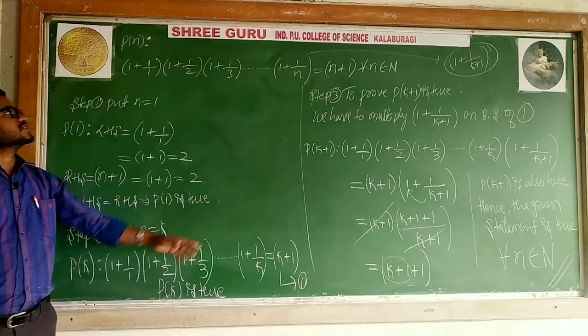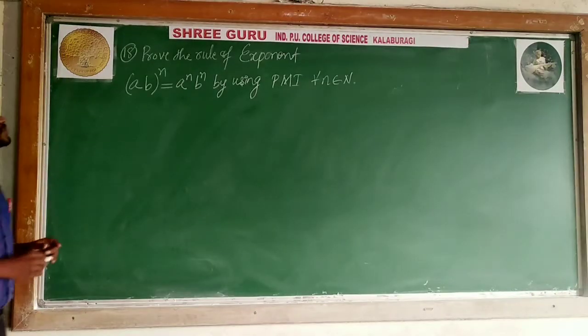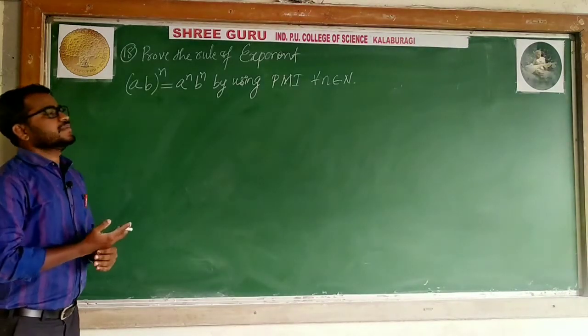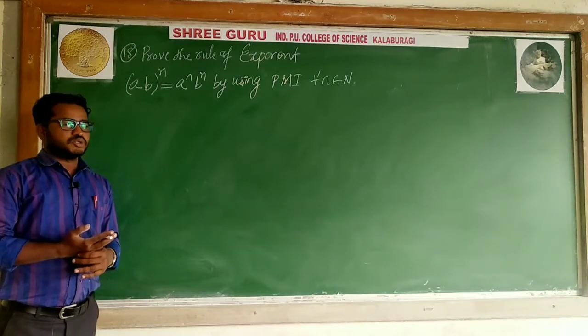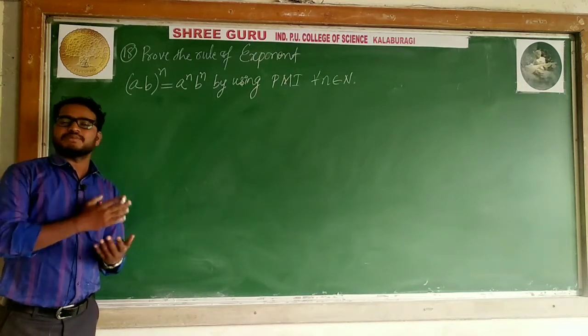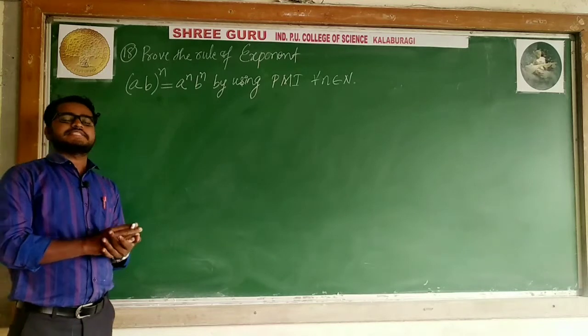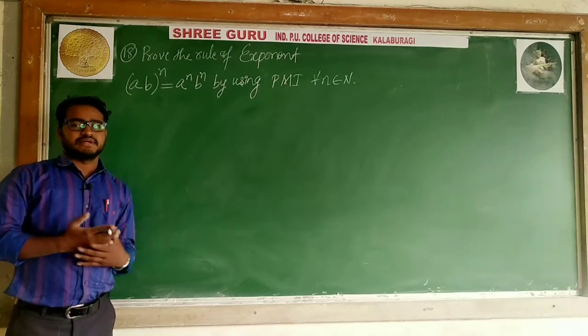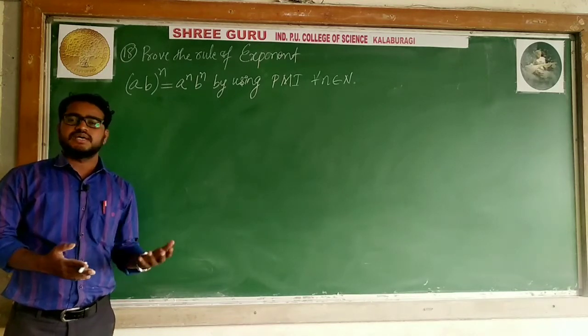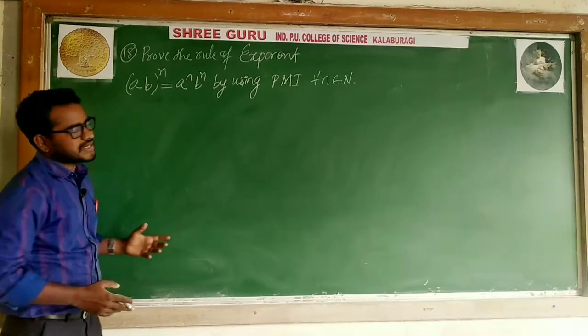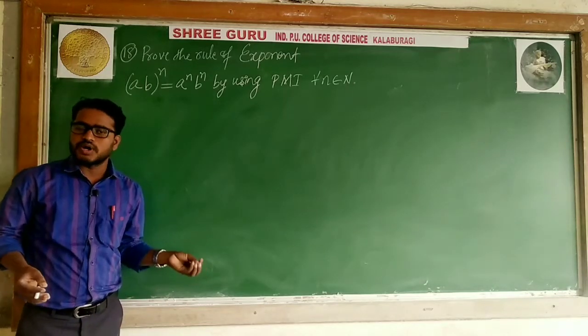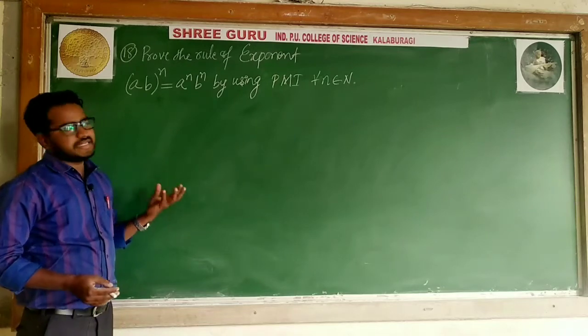Okay, complete this. Now 18th problem. This one is a mathematical statement. What we did previously, all are mathematical statements, but they are series, sums of terms, and the previous two problems are products of terms. Here there is no product, there is no addition.